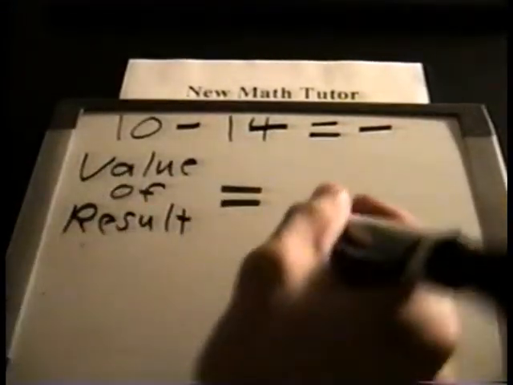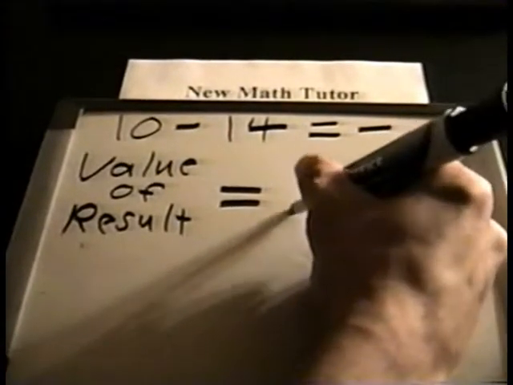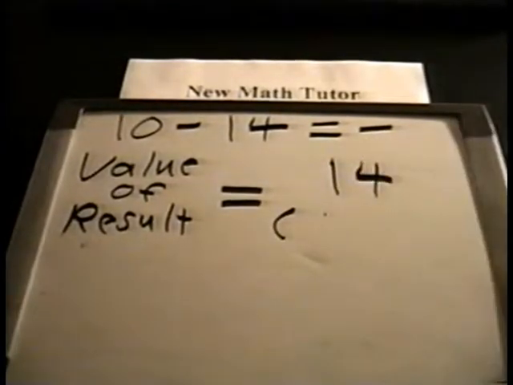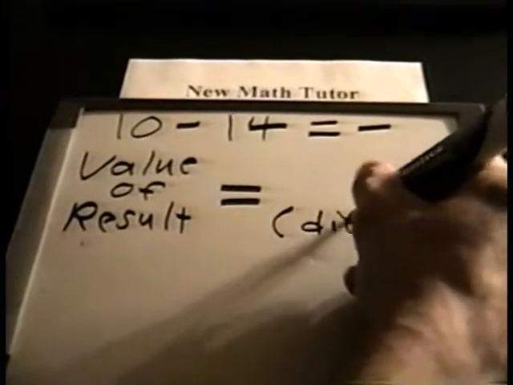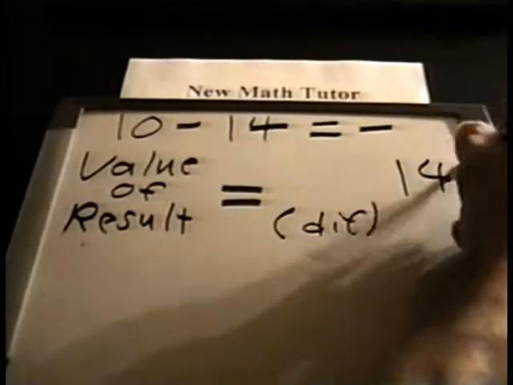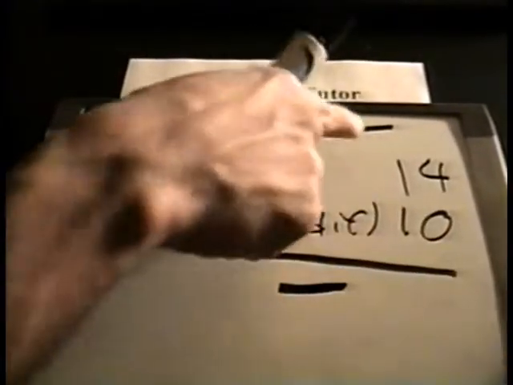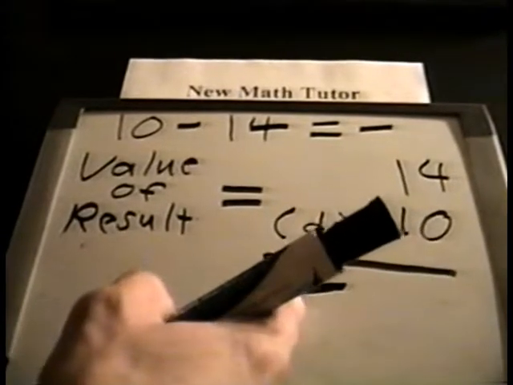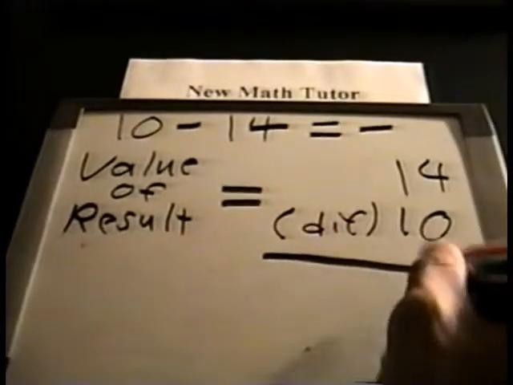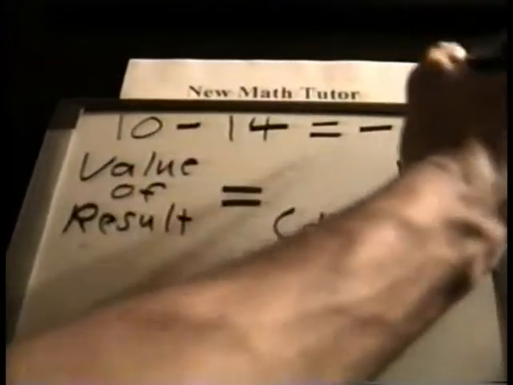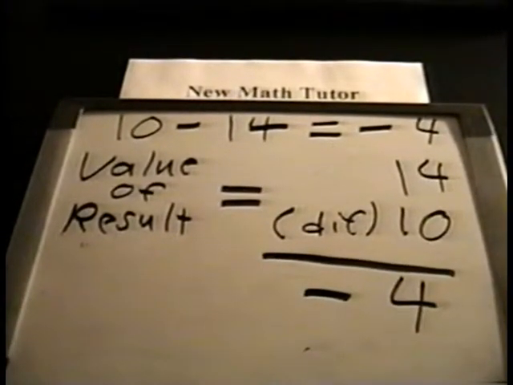So, to find the value of the result, the value of the result equals the difference between 14 and 10.